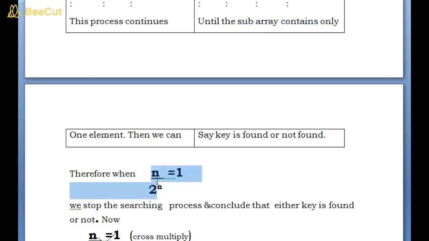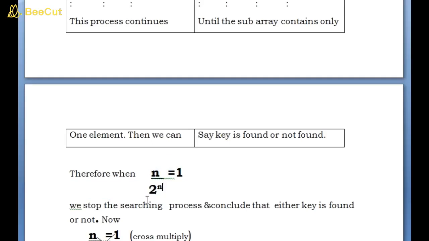See here, n by 2 power n equal to 1 means the number of elements in the subpart is equal to 1. That means the subpart contains only one value.